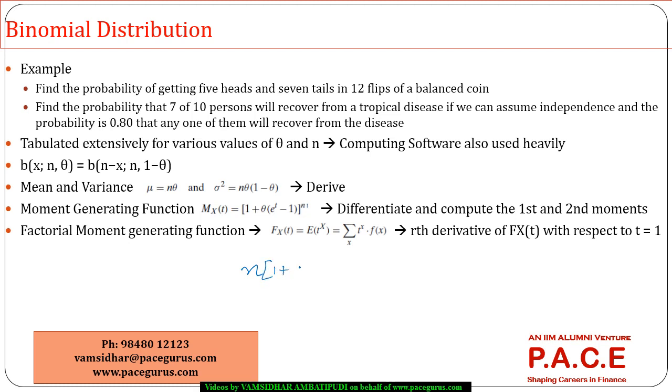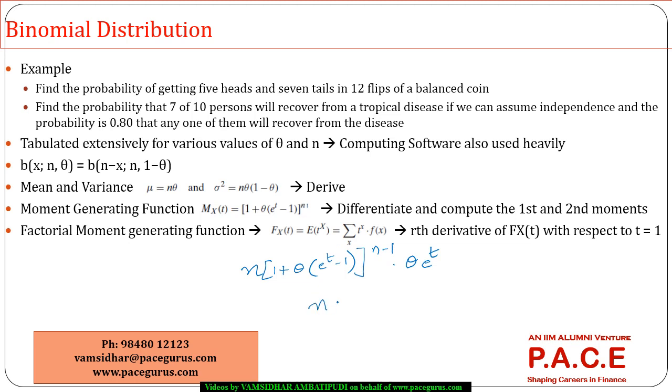So (1 plus theta (e power t minus 1)) to the power n minus 1, and I take the derivative of the internal part. The derivative of the internal part is theta e power t.